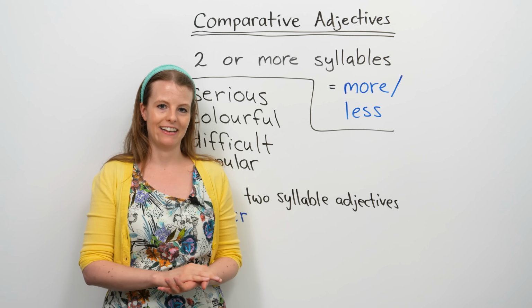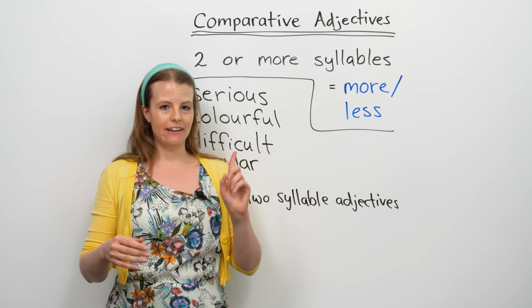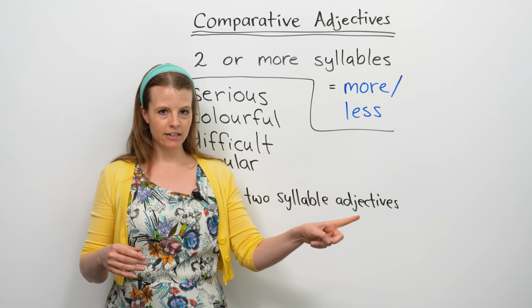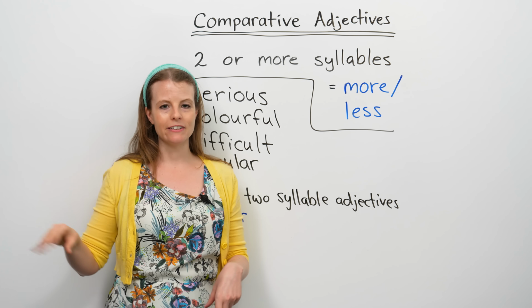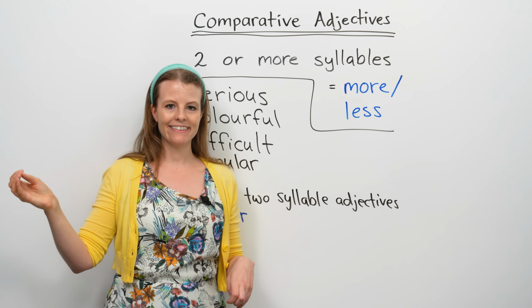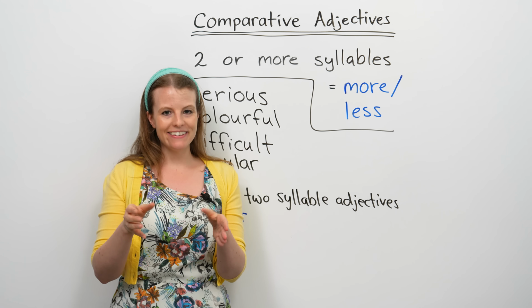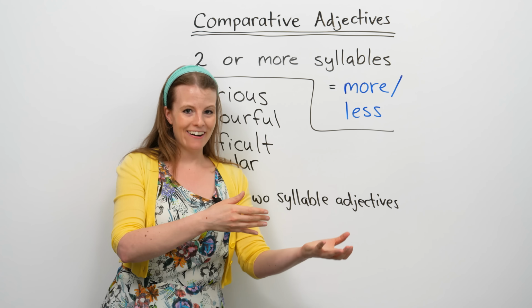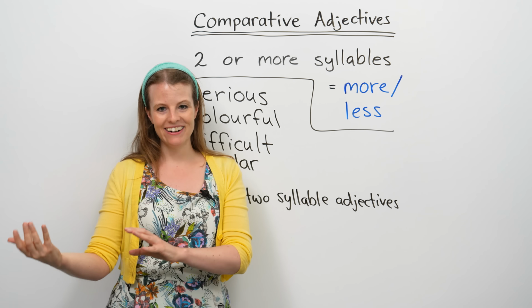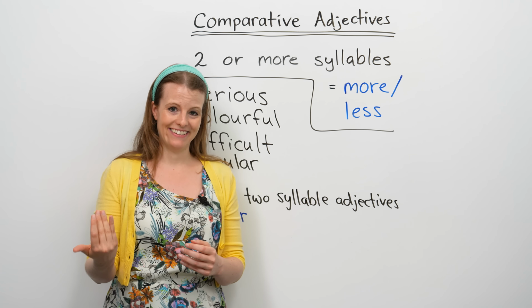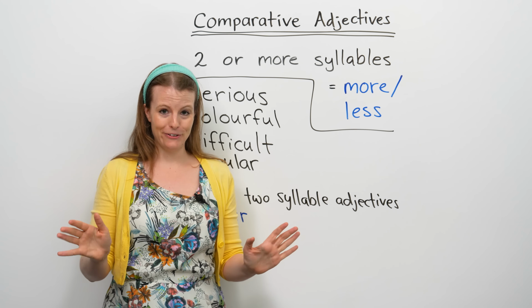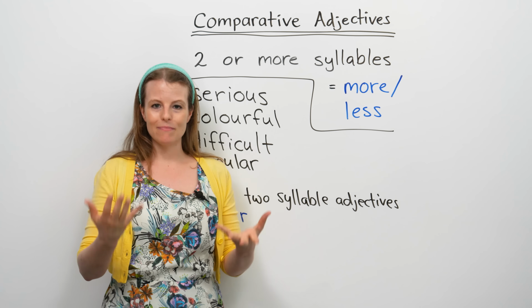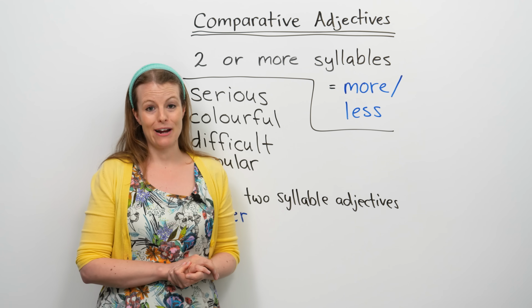We add -er in that case. So the main rule is if it's 1 syllable, -er; 3 or more syllables, you use more or less. And if it's 2 syllables, sometimes it's -er, and sometimes it's more, and sometimes you have a choice. I know it's a little confusing, but that's just what the grammar is.